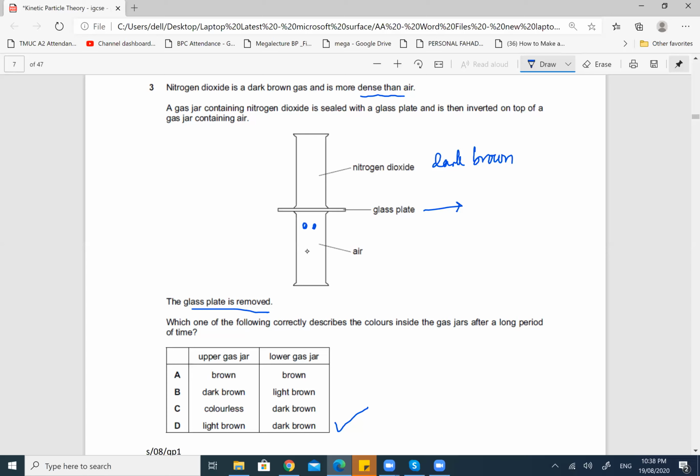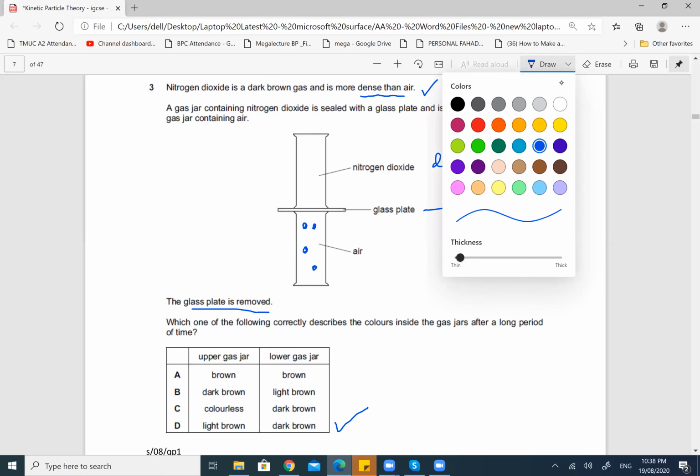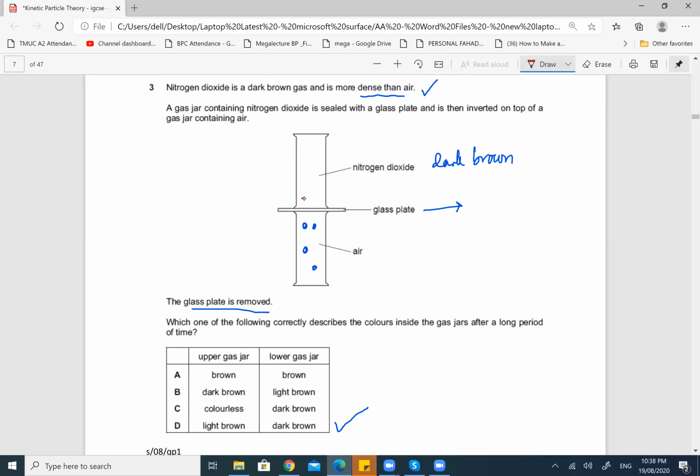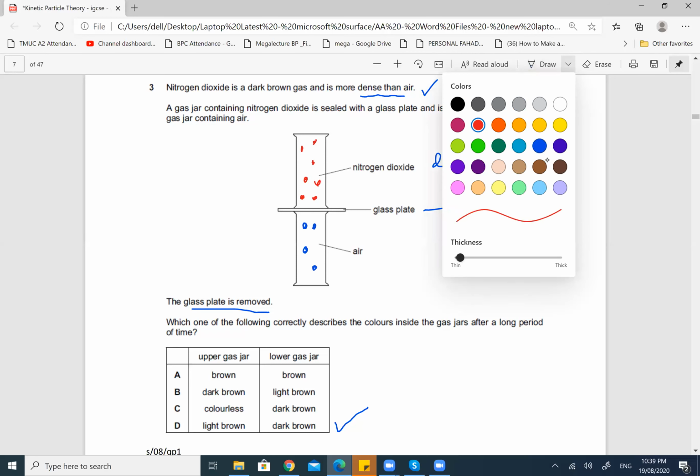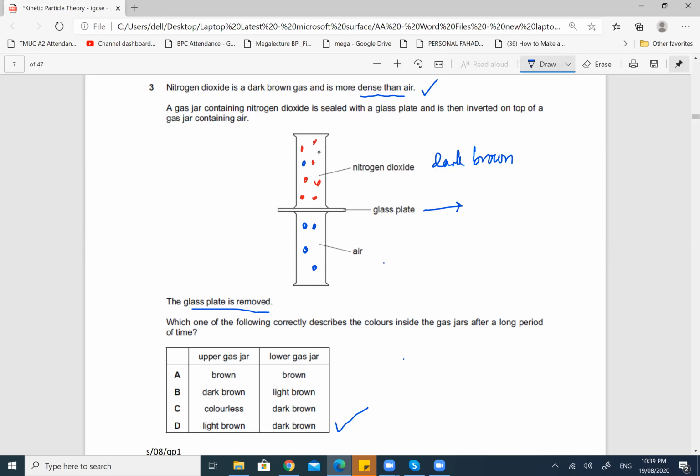Let's say these are nitrogen dioxide gas particles. They're heavier, but they'll still diffuse. And let's say these are air particles. They're lighter, but it's not going to be a very clean separation, because particles can move in all directions. Even if they are heavier, some brown gas particles can still move over here.